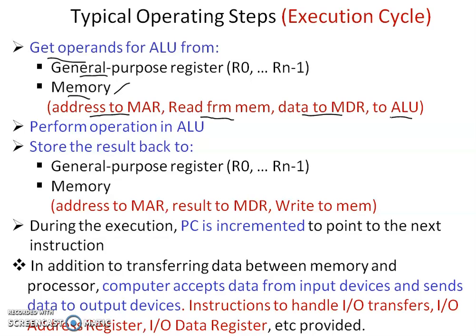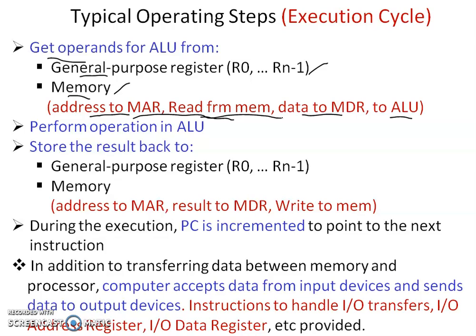That is the execution cycle. First, it gets the operands. If it is making use of registers, it won't relate to the memory. Directly from the register, the ALU will perform the operation. If the data needs to be fetched from the memory, then these steps need to be performed.